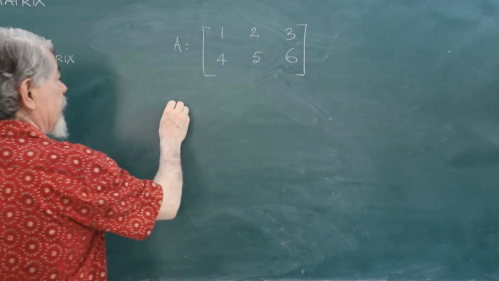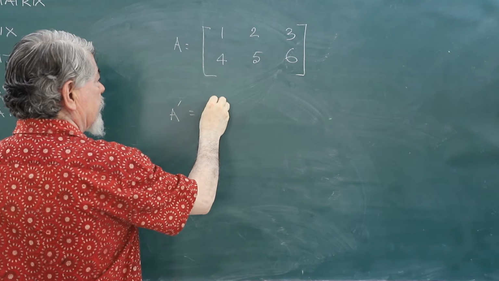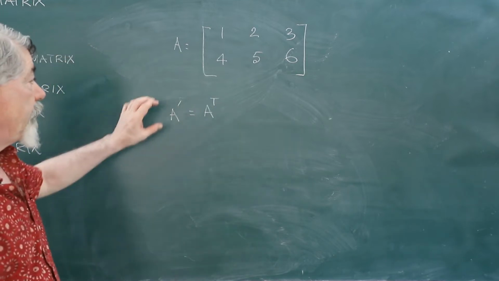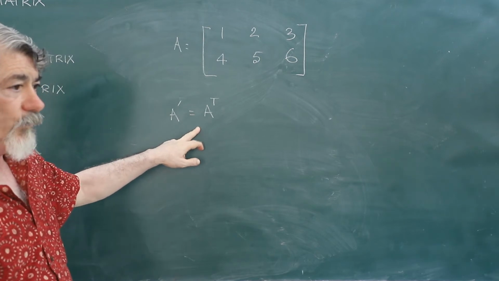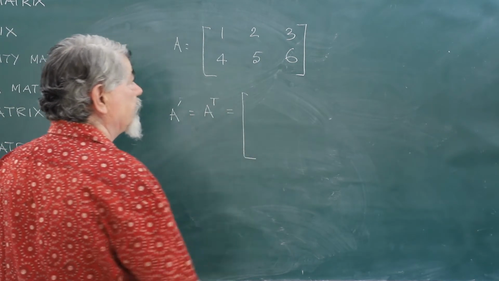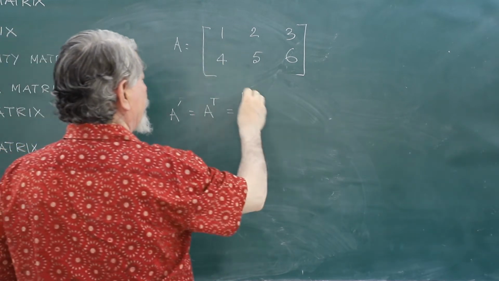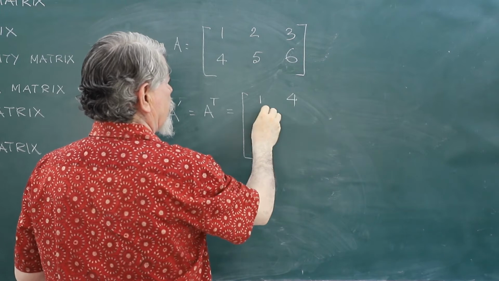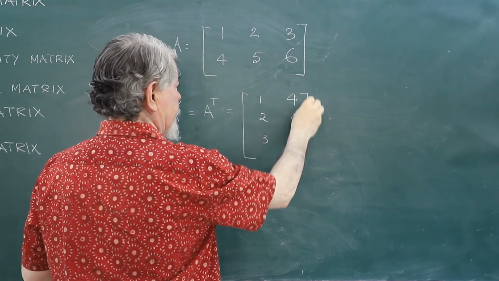A way of representing the transpose of a matrix is either A dash or A T. What will it be? You make rows into columns and columns into rows. For example, 1, 4, 2, 5, 3, 6.